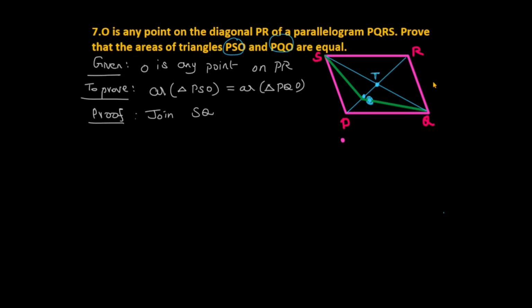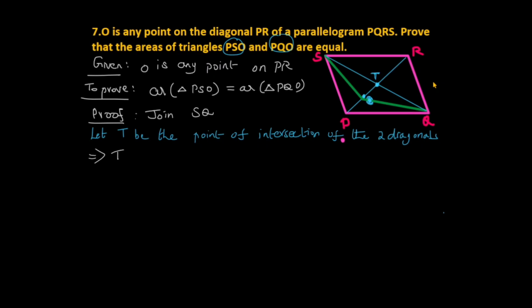So after joining SQ, let T be the point of intersection of the two diagonals, which means T is the midpoint of PR.